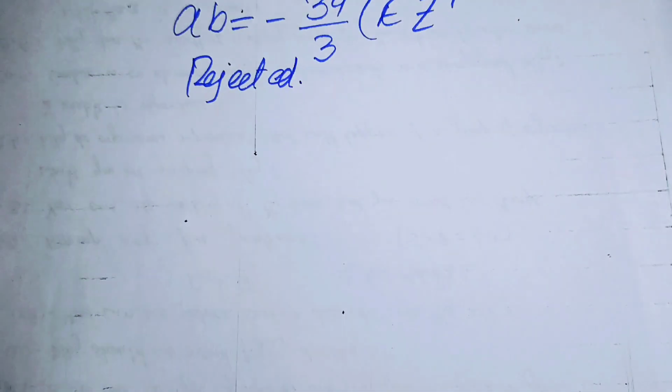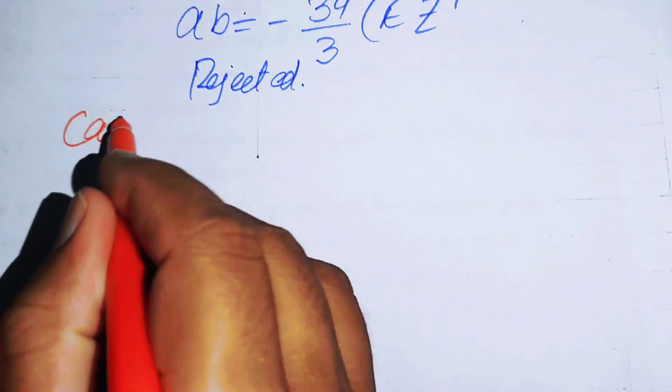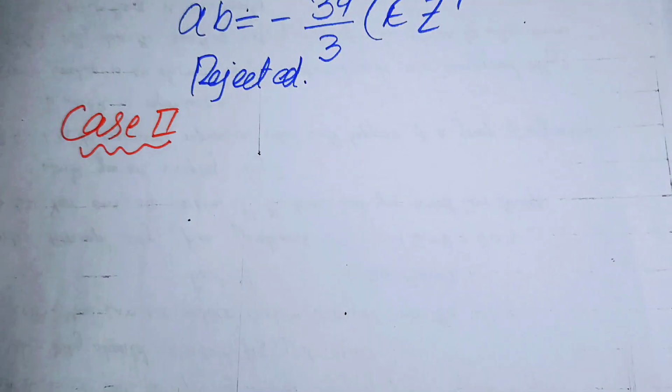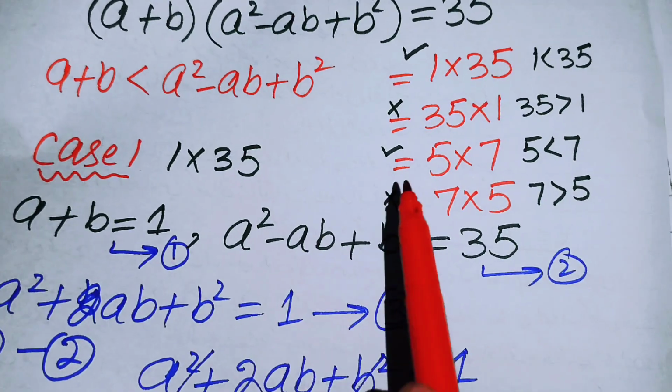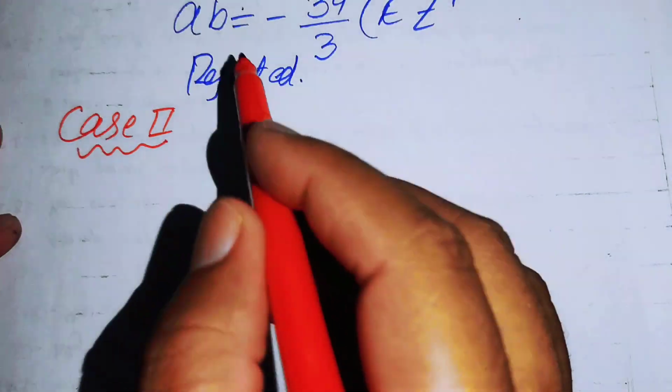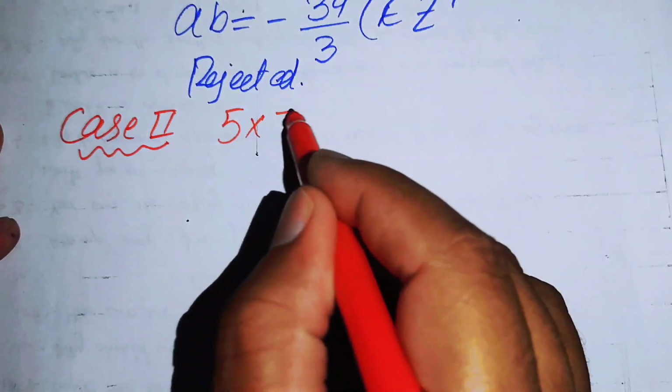And now we apply case number 2. In case number 2, we have the value 5 times 7, so we can choose 35 as 5 times 7.